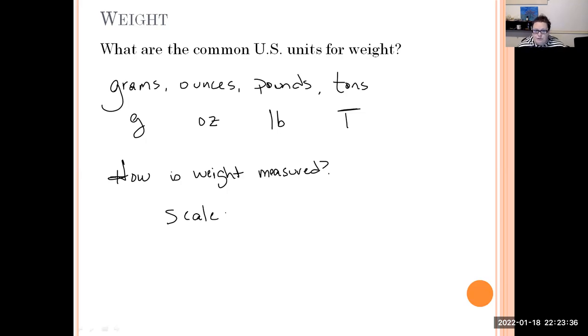So you could use a food scale for grams or ounces and even pounds, but it'll come to the point where you'll have to use a scale that you step up on for pounds. And then for tons, you're going to need a what? There's dock scales that they have. There's ones you can drive on at the dump. So all sorts of different types of scales. All right, let's move on.